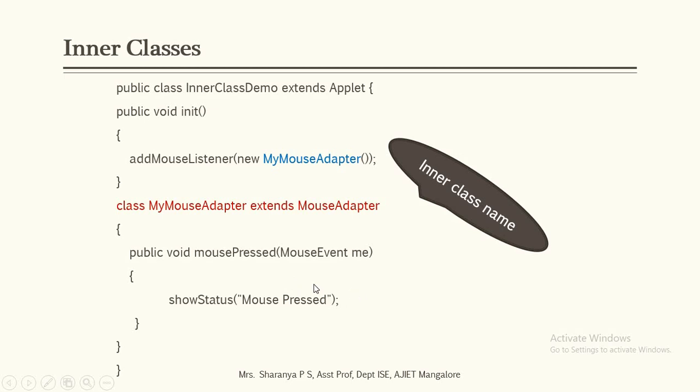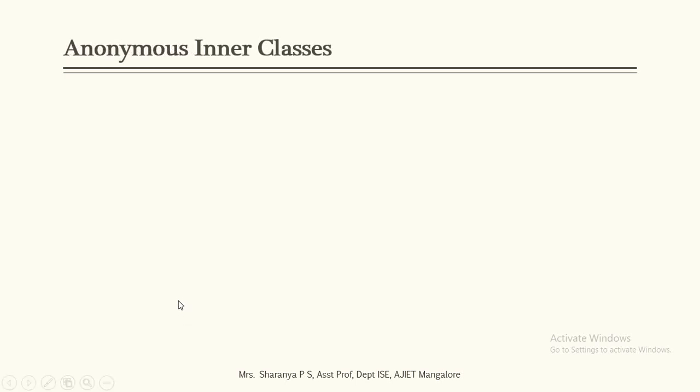Majorly, these inner classes are useful for handling these kinds of methods. Rather than defining a separate class, inside the main class itself we have defined the inner class. This is one kind.